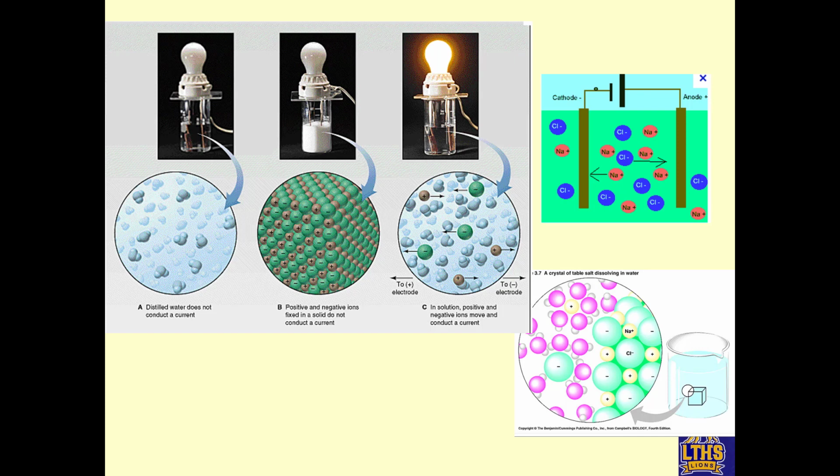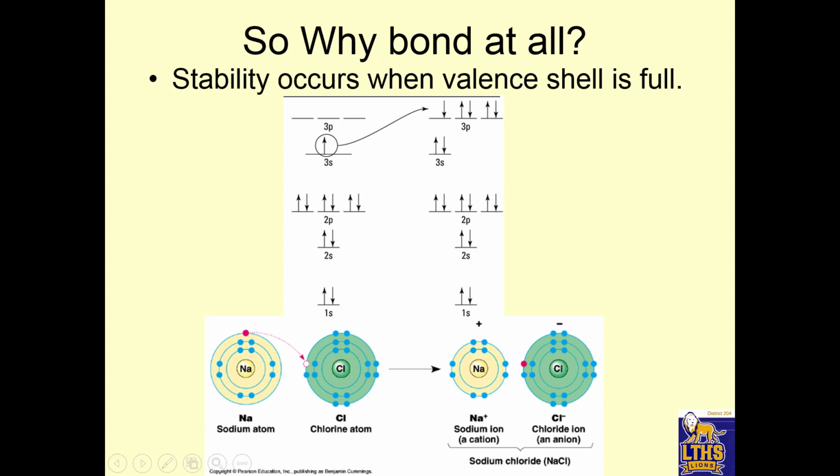Yes, they're polar, but there's no current that can flow. But when you mix ionic compounds with water, the water tears apart the ionic compound into its charged particles, and now these charged particles can move freely, and the light bulb turns on. So ionic compounds conduct electricity when they're dissolved because the ions can move, and ions are charged, so they complete a circuit.